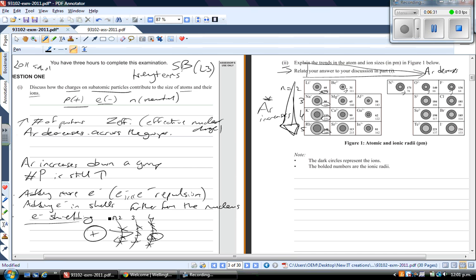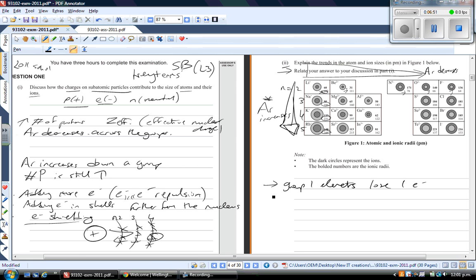In terms of ions, well, the situation with ions is, and I'll just continue this over here, with ionic radius, group 1 elements, because they have one electron in the outer shell, they lose one electron.